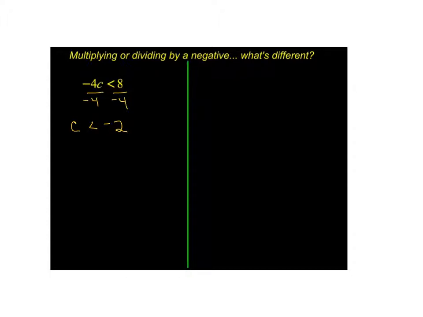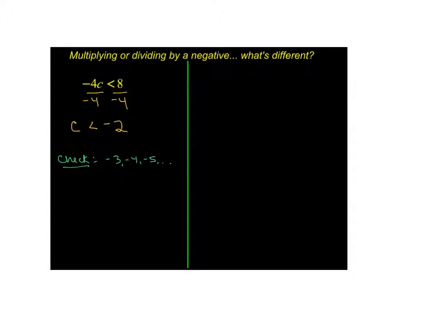We think we're on the right track. But then something weird happens when we go to check it. We'll talk about the graph afterwards. When I go to check this, I know that I should be checking it with numbers less than negative 2. Numbers like negative 3, negative 4, negative 5, on and on, numbers that are below negative 2.